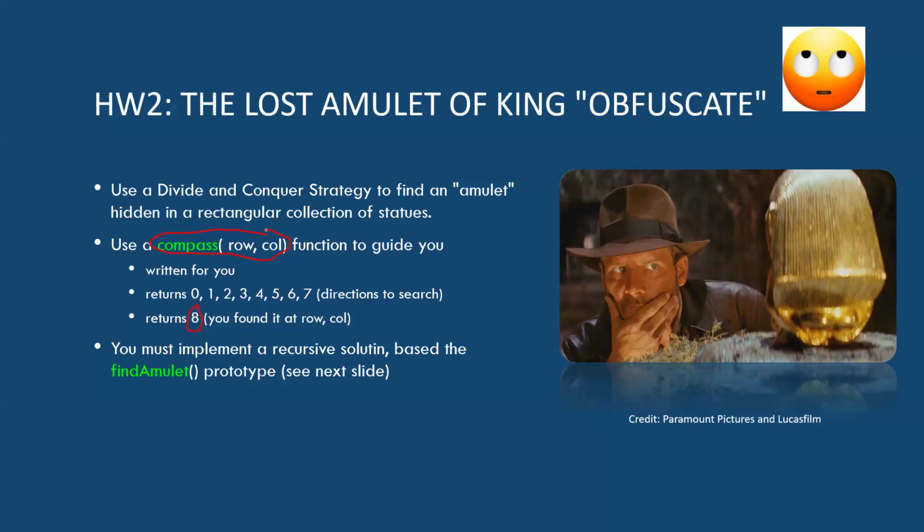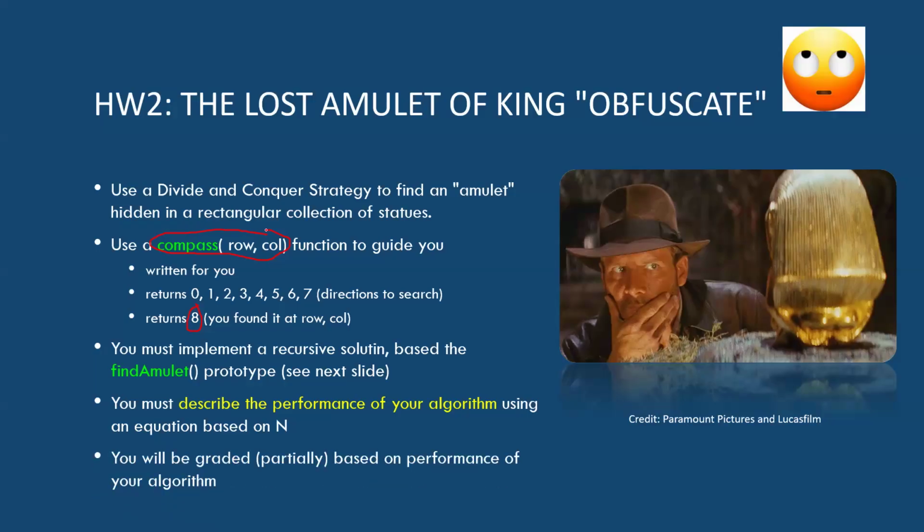You won't be able to know exactly where it is until you find it. And we're going to have a little competition to see who can find it the fastest. Then you have to describe the performance of your algorithm. So you're going to design an algorithm and then take a guess. It's part of the rubric, and this one does have a rubric. So hopefully you can pick up some clues from stuff we've been talking about so far, but you can always ask questions.